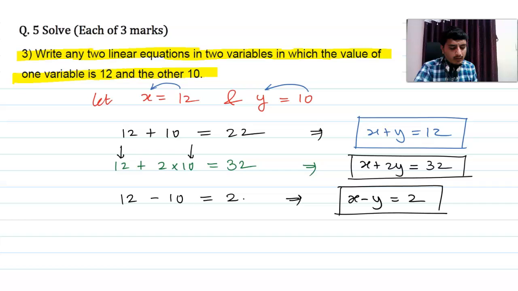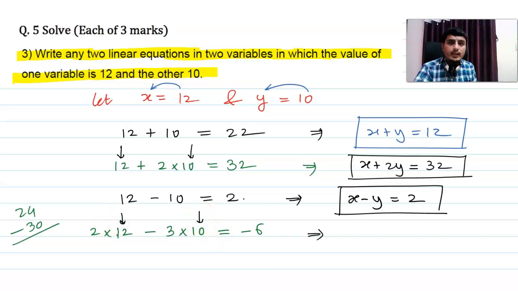Or we may have the numerical equation 2 times 12 minus 3 times 10. So 2 twelves are 24, minus 3 tens are 30. The subtraction gives minus 6. Now replace 12 by x and 10 by y.